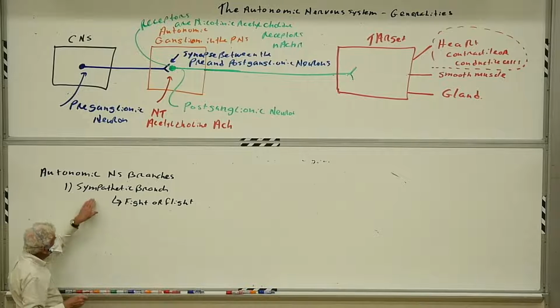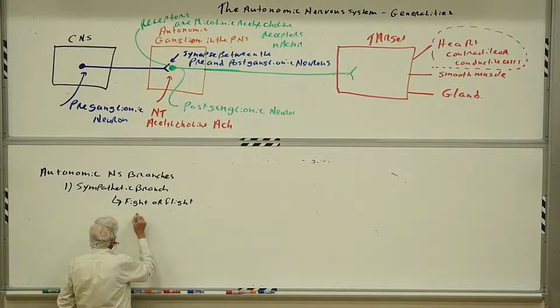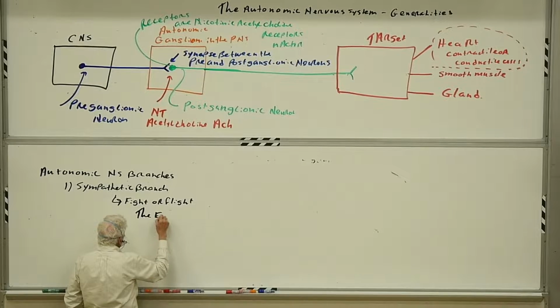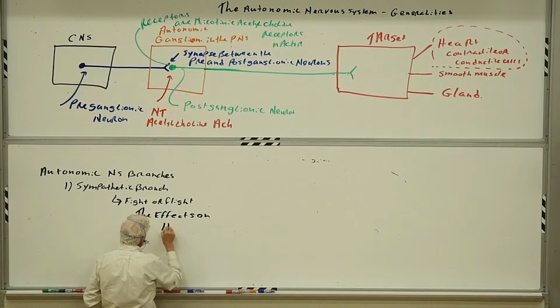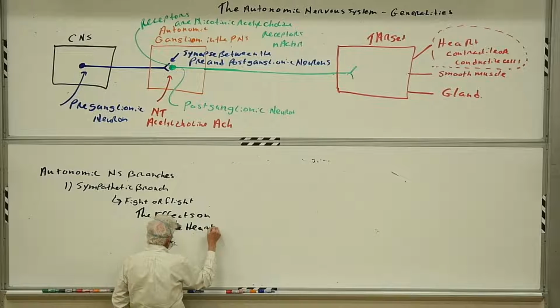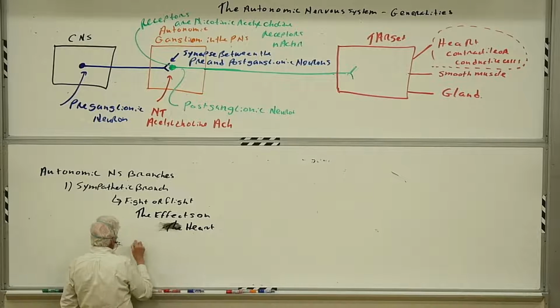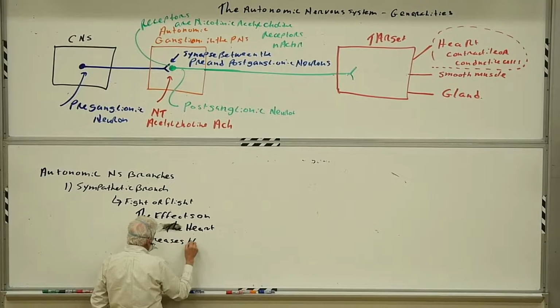But what we're going to talk about in the sympathetic branch, the fight or flight idea, is going to be the effects on the heart. And we'll see the sympathetic branch increases heart rate.